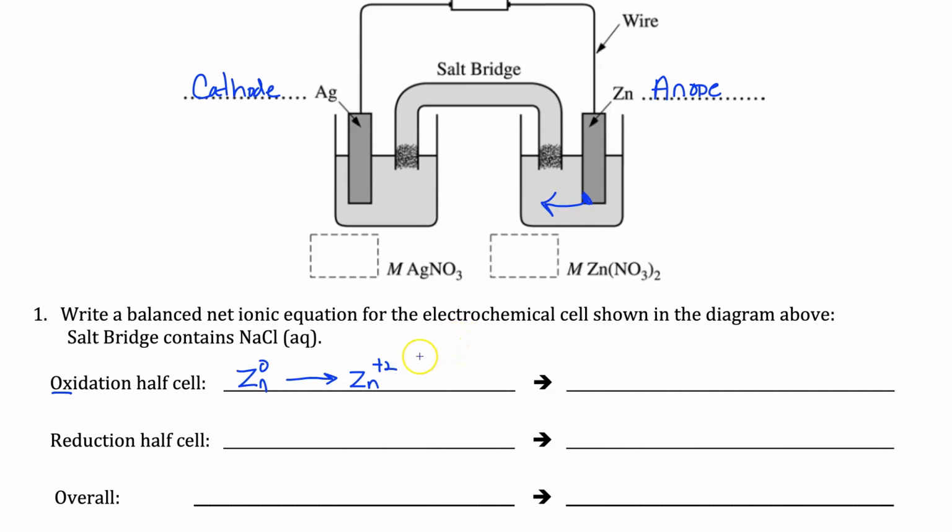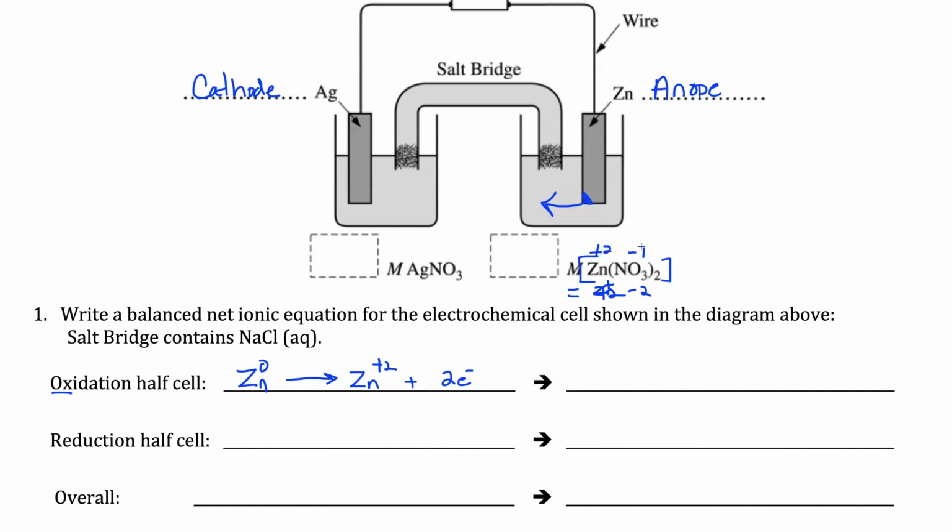Well, in the solution, they said you had zinc nitrate. You should know that nitrates are -1, and there are 2 of them, so there's -2 overall. So we're dealing with zinc that has a plus 2 charge here.